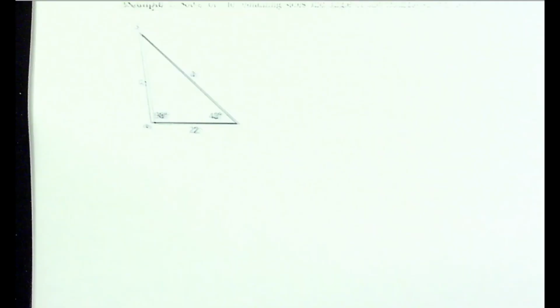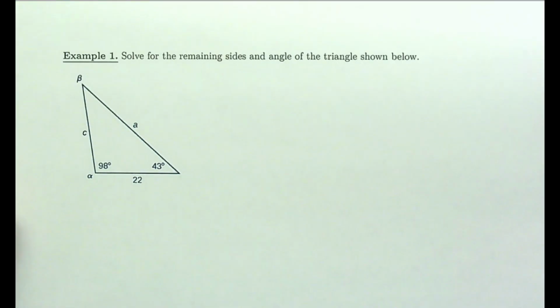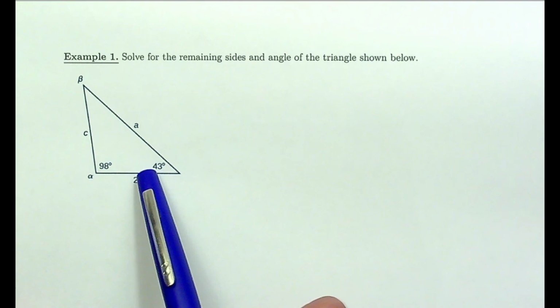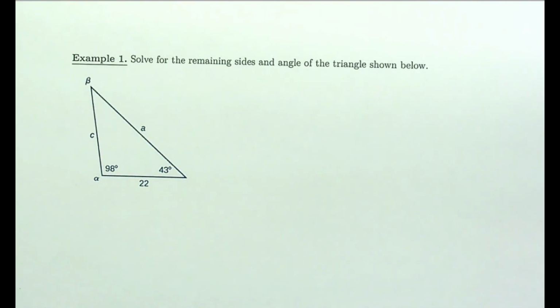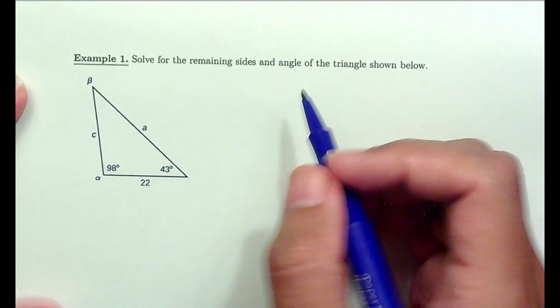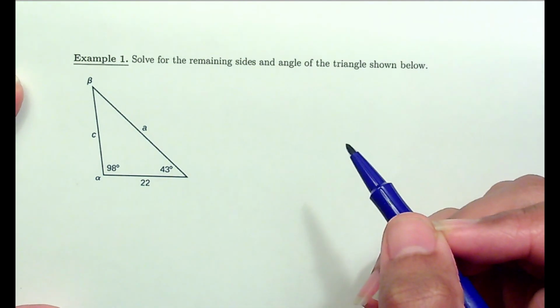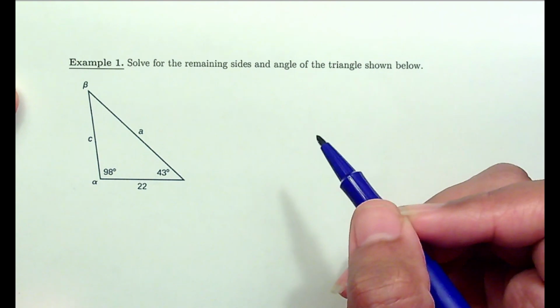Okay, so let's do the first example. It says solve for the remaining sides and angle of the triangle shown below. There are two ways in which they could give you this type of problem. They could give you a picture just like this, or they could give you this problem by telling you the values of the letters.